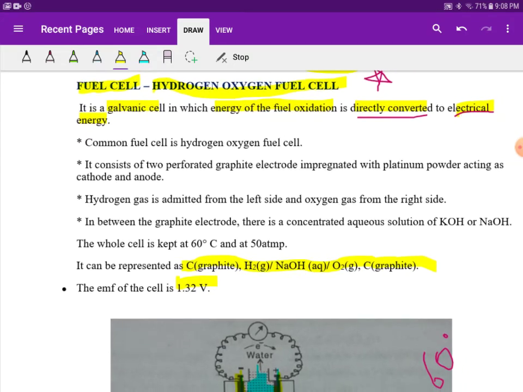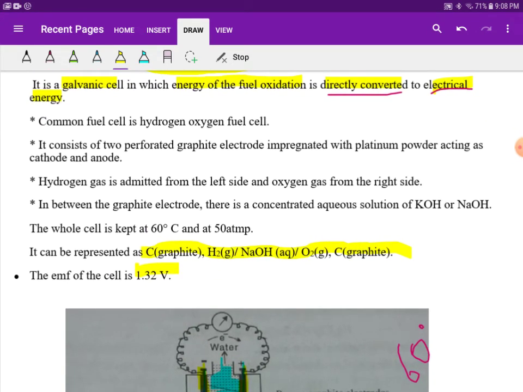Then some important advantages of this galvanic cell are, one, it is highly efficient, means the efficiency is more than 60%. Second, it is very light.